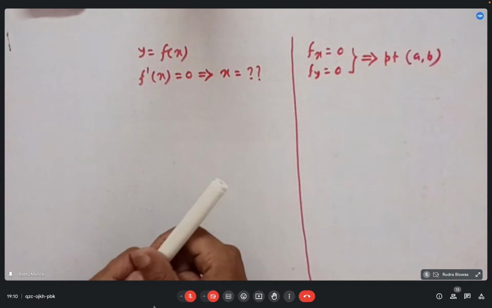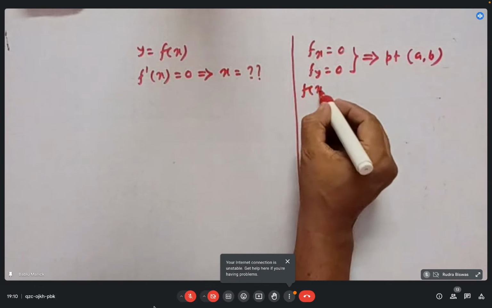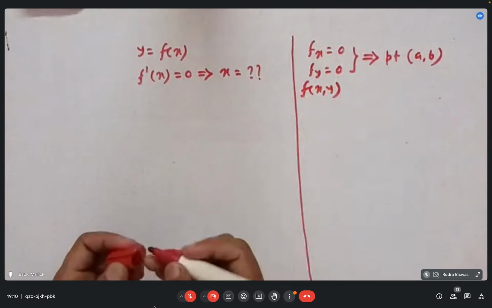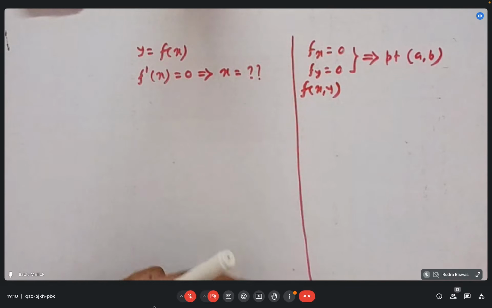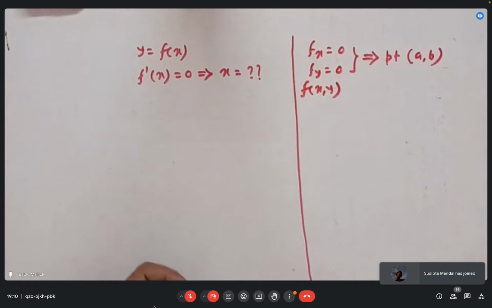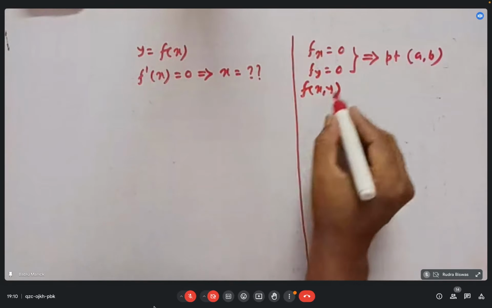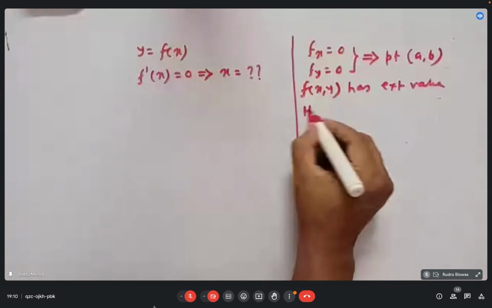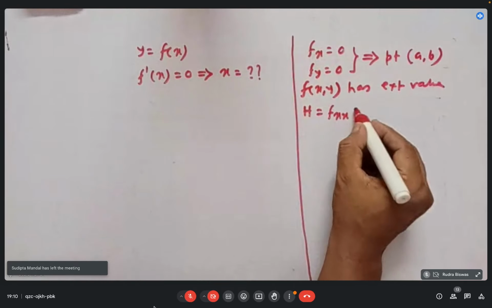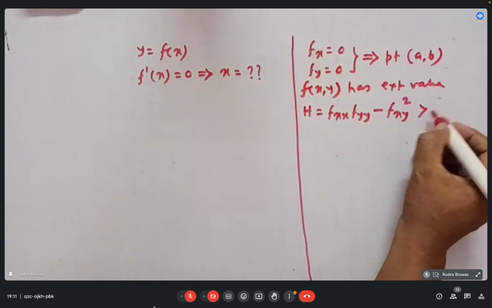So how can I tell? f(x, y) will have an extreme value when h is equal to fxx into fyy minus fxy whole square is greater than 0.